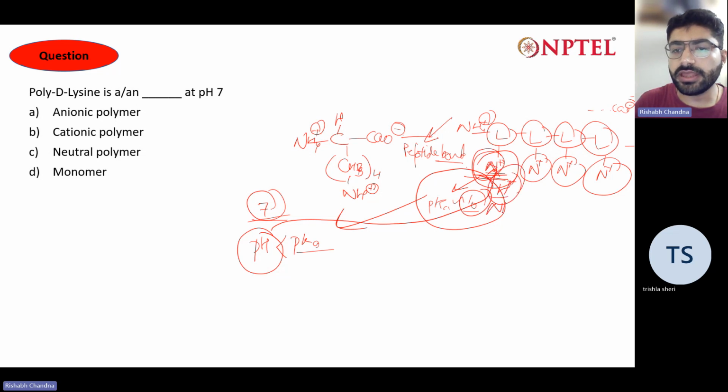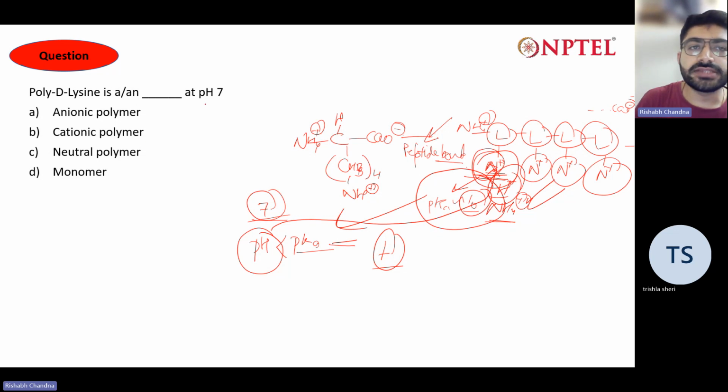That will form NH4 plus in that case. So it will give a positive charge to the whole molecule at pH 7. That's why it is used as a substrate, so that it will always have a positive charge on the surface and it will help in binding to the cells.